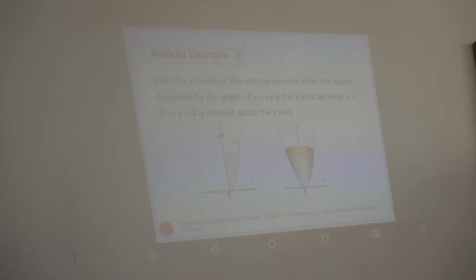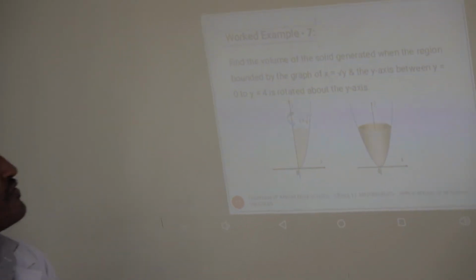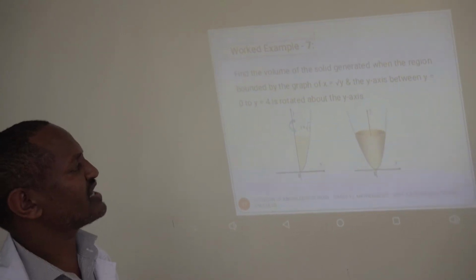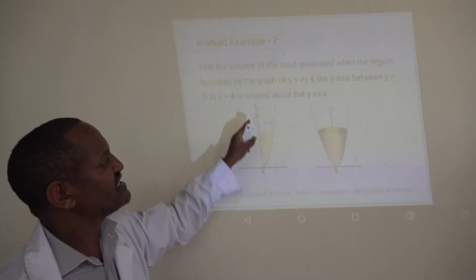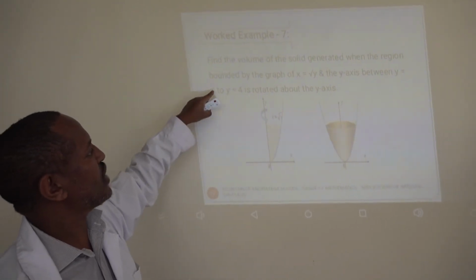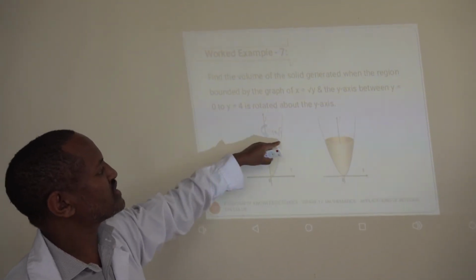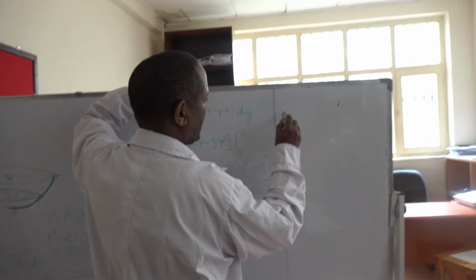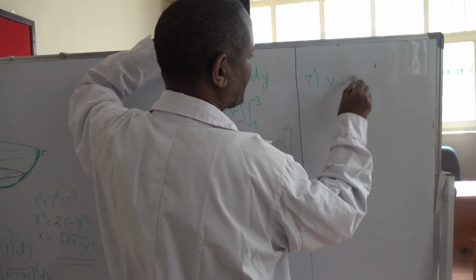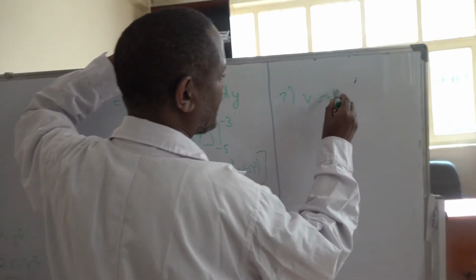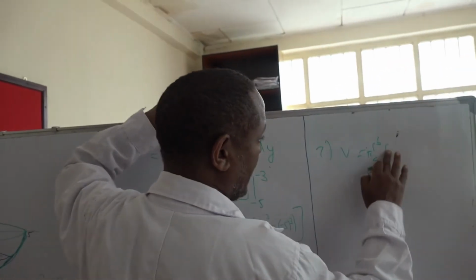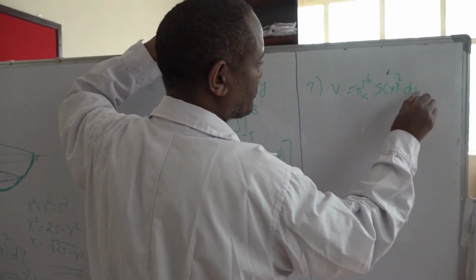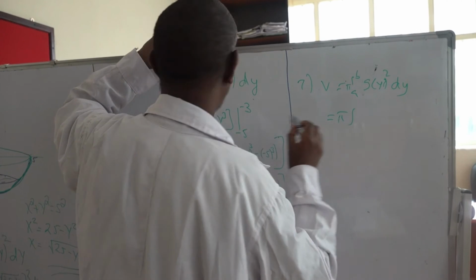Now this is the last worked example. Find the volume of the solid generated when the region bounded by the graph of x equals square root of y and the y-axis between y equals 0 and y equals 4 is revolved about the y-axis. Again, the volume of revolution about the y-axis is pi times the integral from a to b of f of y or g of y, the whole squared, dy.